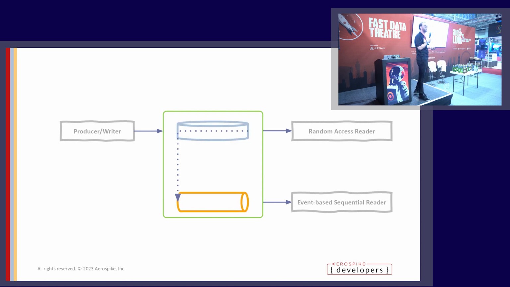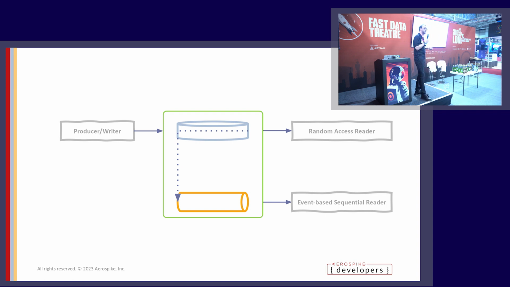The database can be the main receiver of the data, and the database publishes the data into a topic. And then again, the result is the same. You have a random access reader and a sequential reader at the same time.